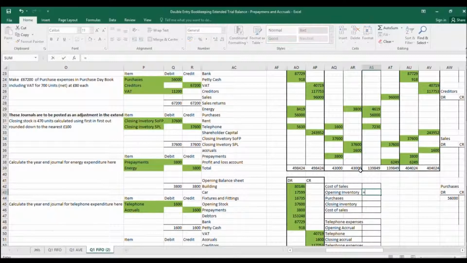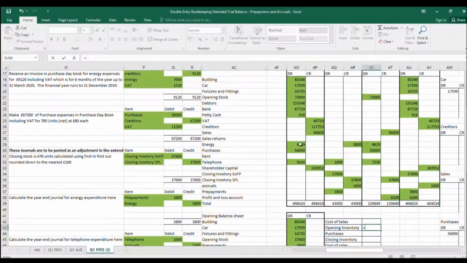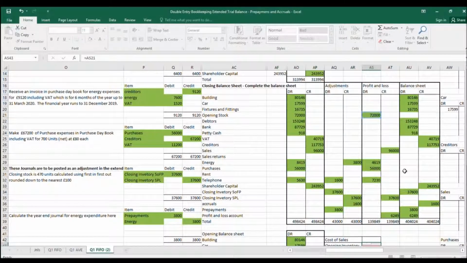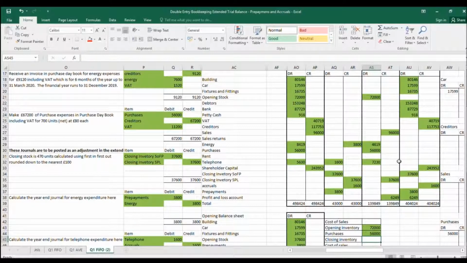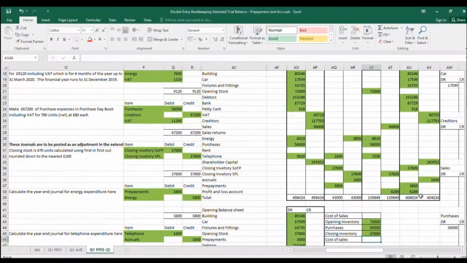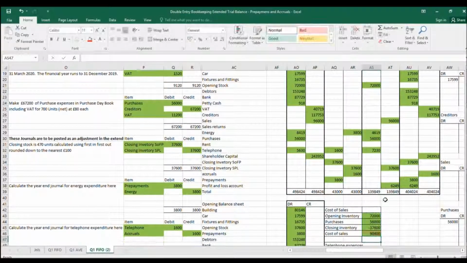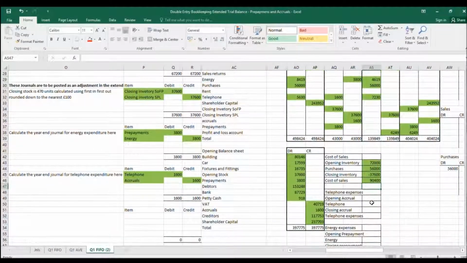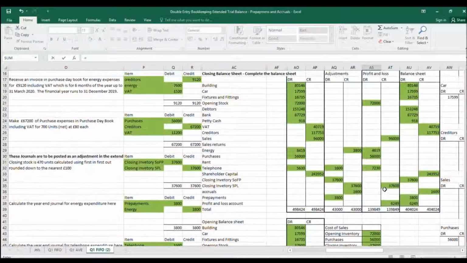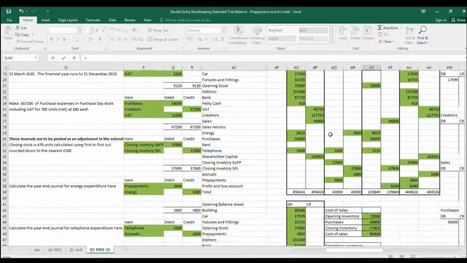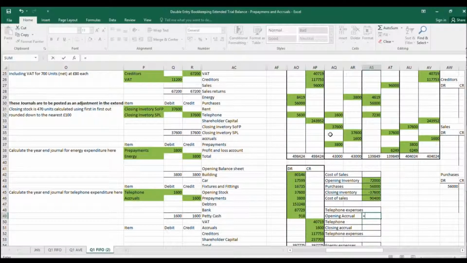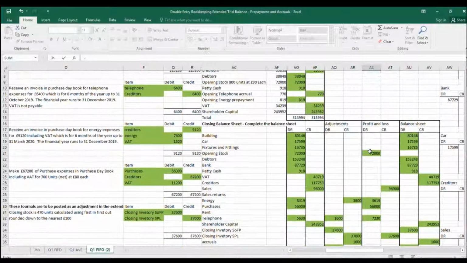So the cost of sales is the opening inventory cost, which is that one, plus the purchases in the year. So that would be that figure, minus the closing inventory. So that was that figure there, and that gives us our cost of sales. The telephone expenses, we're going to add on the opening accrual for this one. So we had an opening accrual, didn't we? Oh, sorry, we take off the opening accrual. So that's going to be minus the opening accrual figure.